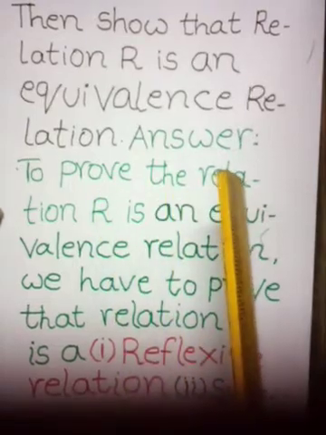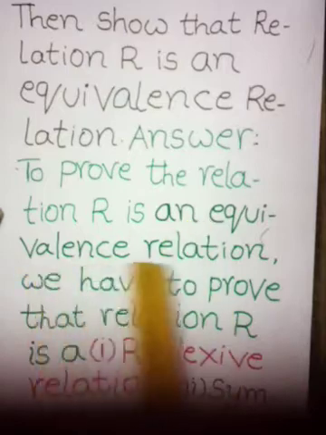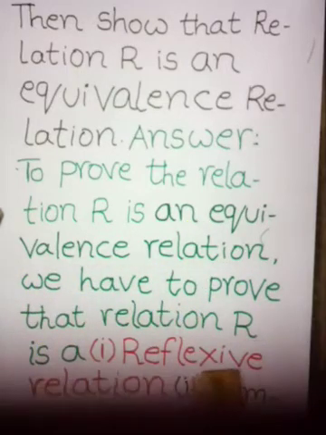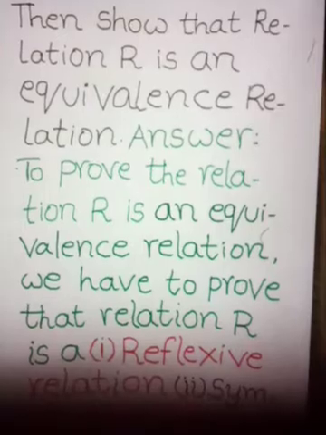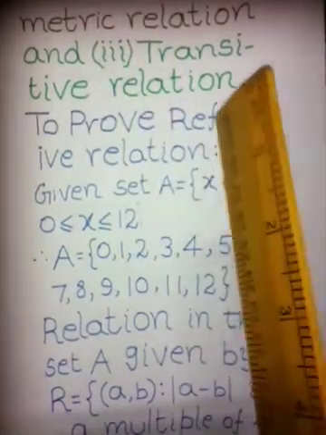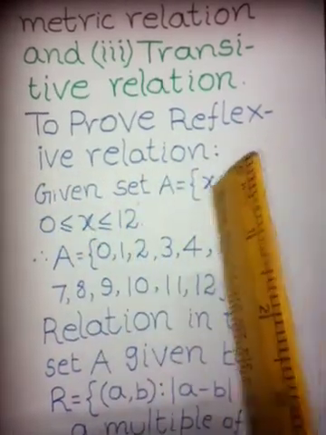Now, to prove the relation R is an equivalence relation, we have to prove that relation R is reflexive, symmetric and transitive. Now we are going to prove this step by step.